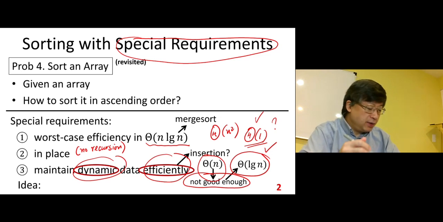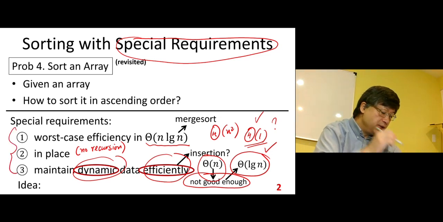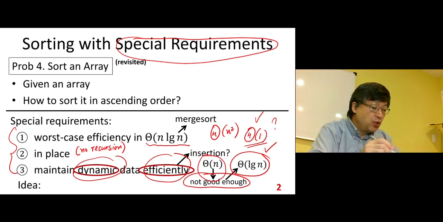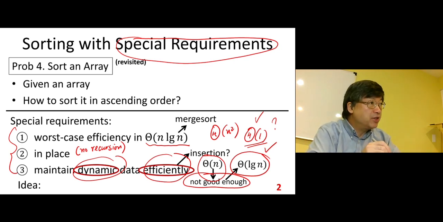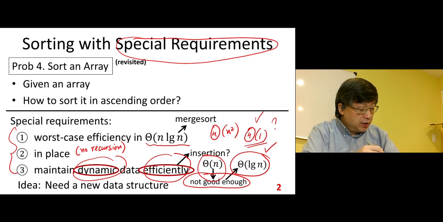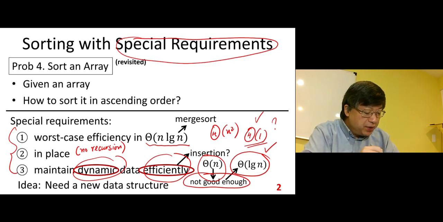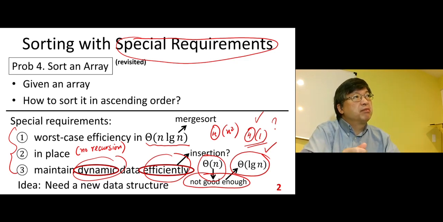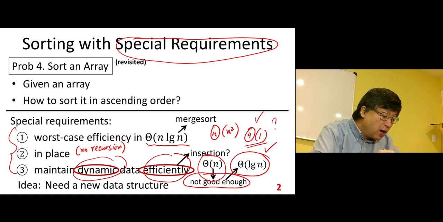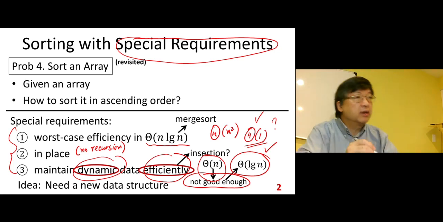Now we have the 3 requirements. How do we design a new sorting algorithm that satisfies all of them? The idea is that we need a new data structure. If we do not use a new data structure, it is very hard to get all these things we want.